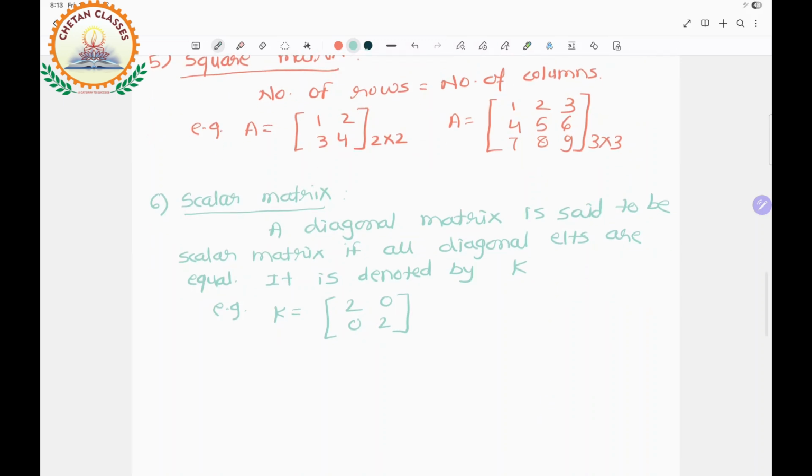Next type, unit matrices or identity matrices.